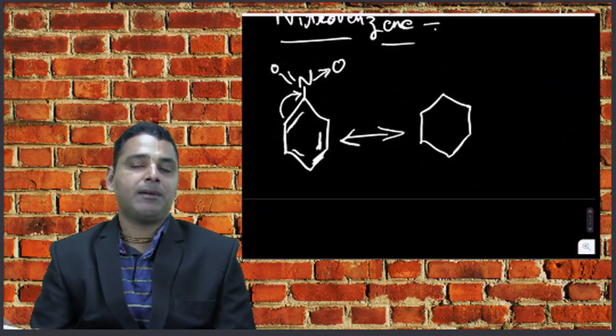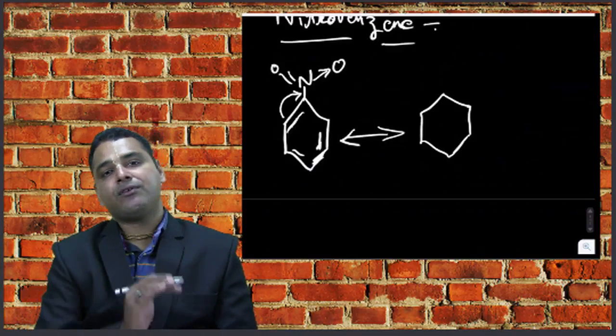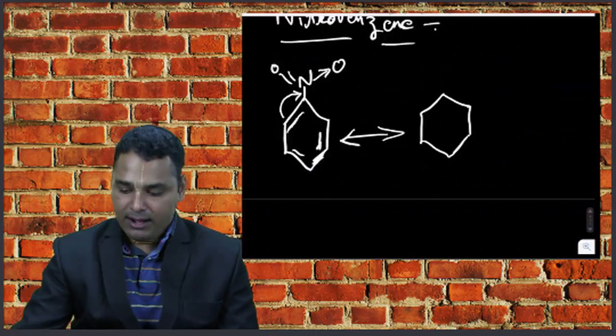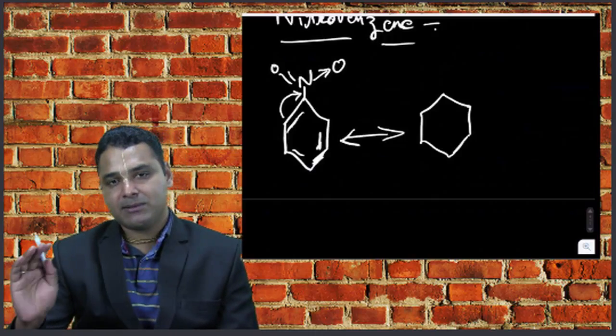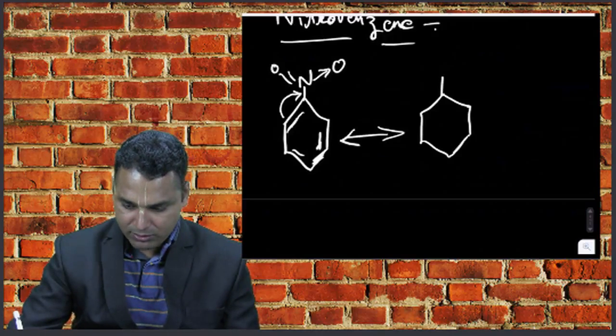See, now this single bond has become a double bond. Remember, we have already done the shifting of bonds in the plus R effect also. Earlier it was a double bond, now it has become a single bond, and the single bond has become the double bond. So NO2 is there.